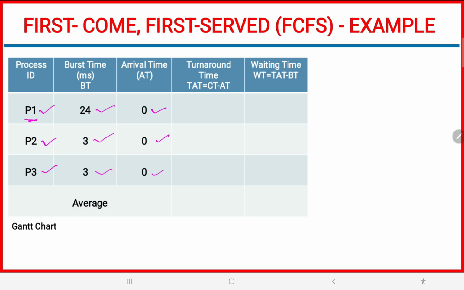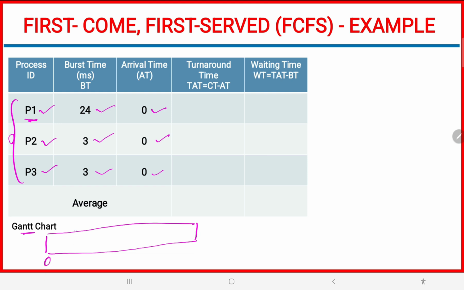Our aim here is to calculate the average waiting time. To get the completion time, we need to prepare a Gantt chart for this set of values. This is how we can formulate a Gantt chart. Initially, process P1 came at time 0.